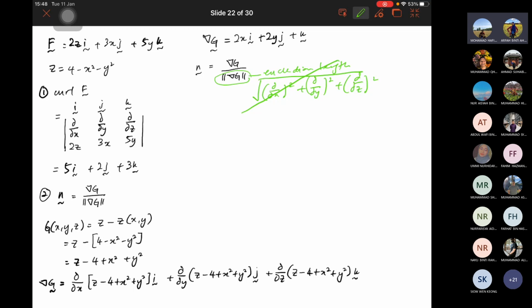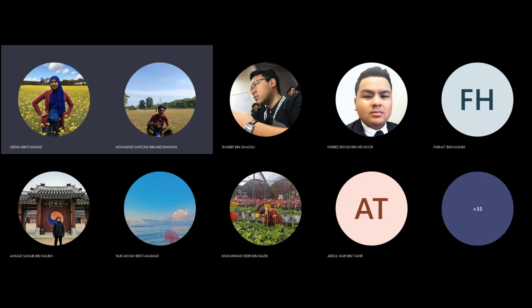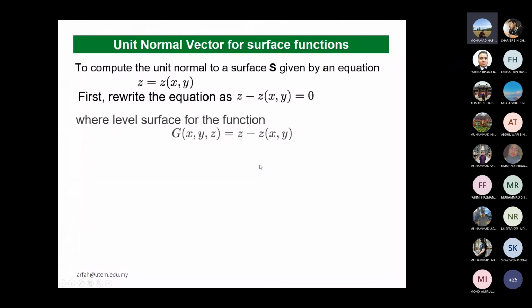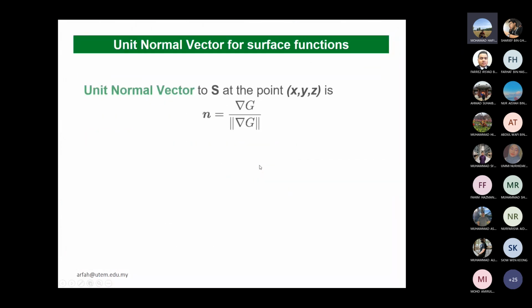Sebabnya if you refer this slide in the surface integral, ini adalah calculation untuk unit normal vector actually.